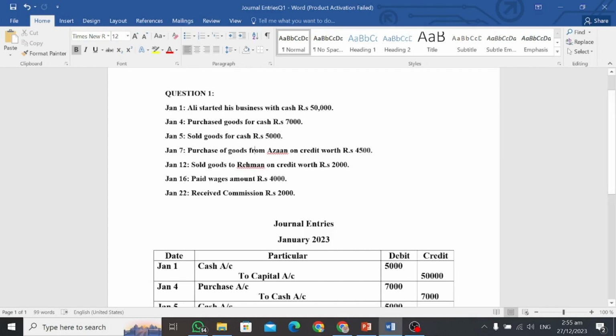So account payable will be credited, and the second account we have is purchase account. The number of goods are increasing. It means value of an asset is increasing, so it will be debited.